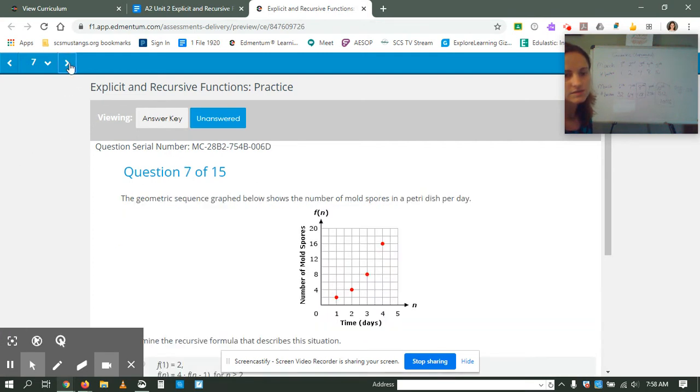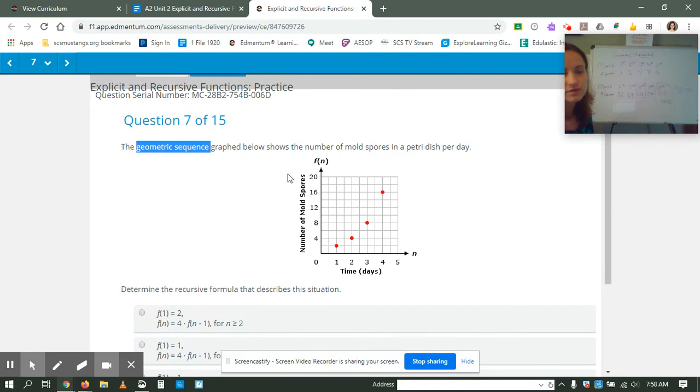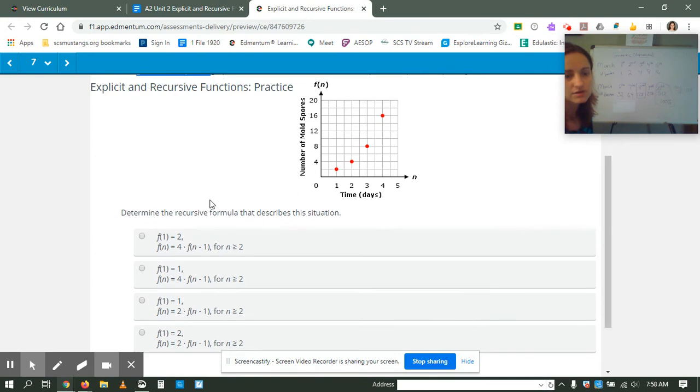Looking at the next problem, the geometric sequence graph below. This is nice, they tell us exactly what we're working with. The geometric sequence graph below shows the number of mold spores in a petri dish per day. Determine the recursive formula that describes the situation. So on my board, I'm going to write down the definition for the recursive formula.